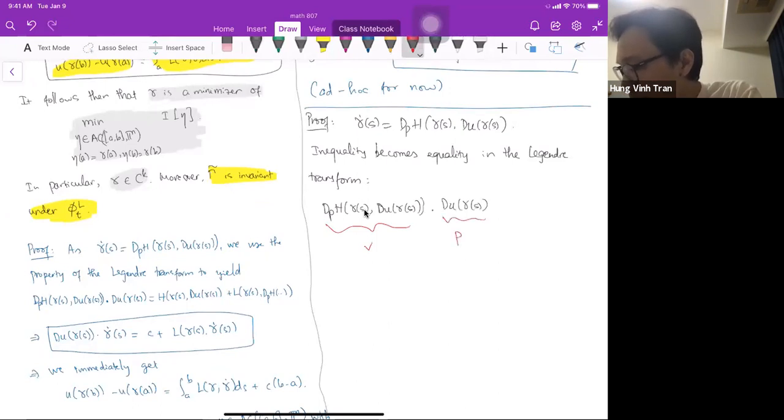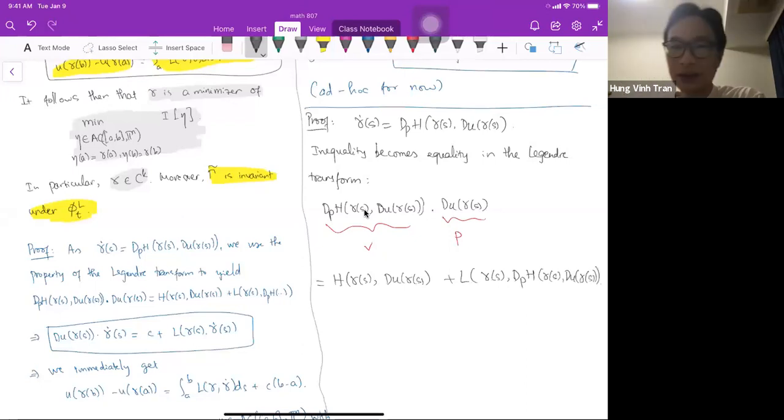So you have v dot with p equals H of x, p plus L of x, v, right? So that's always, when we are trying to use the duality, and again, here we have exactly that equality happens.